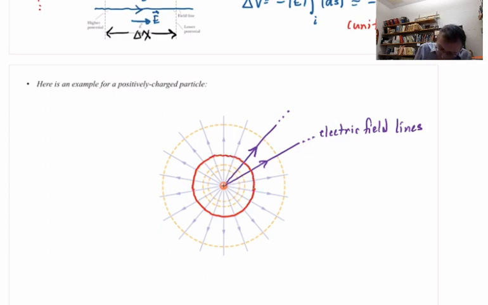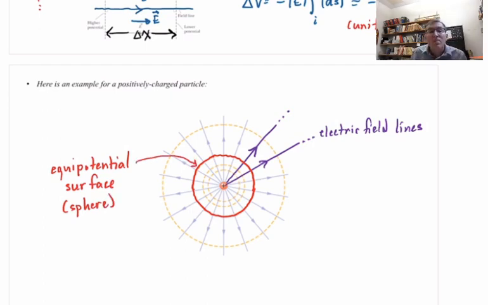Okay, so that's an equipotential surface. It's the surface, in this case, of a sphere. And where the electric field line crosses that surface, it crosses it at a right angle every time. Okay? Now, the spacing of the equipotential surfaces are constant amounts.